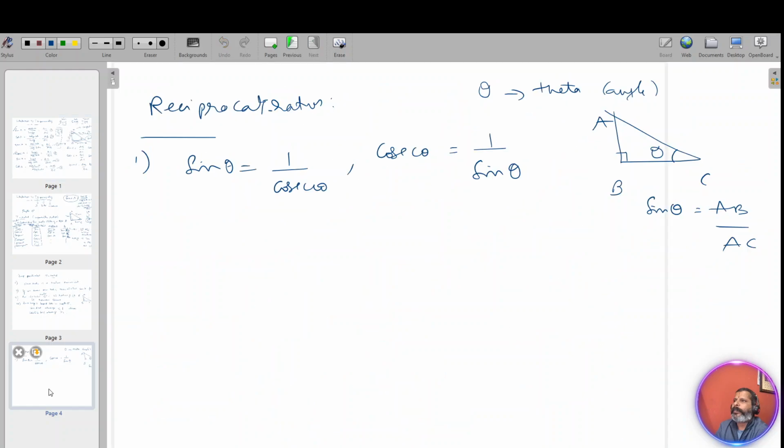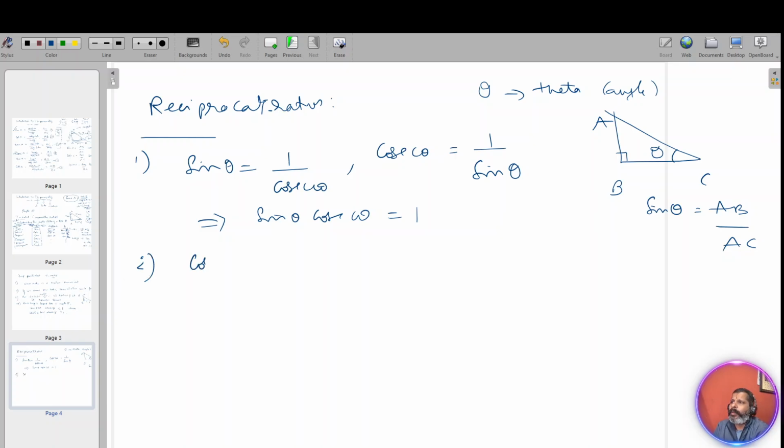This gives us the knowledge that the product of these is 1. If you transpose cosecant to the left side, it becomes sin theta into cosecant theta equal to 1. Why do we need this knowledge? While solving a problem, if we arrive at sin and cosecant in a product, its value is 1.